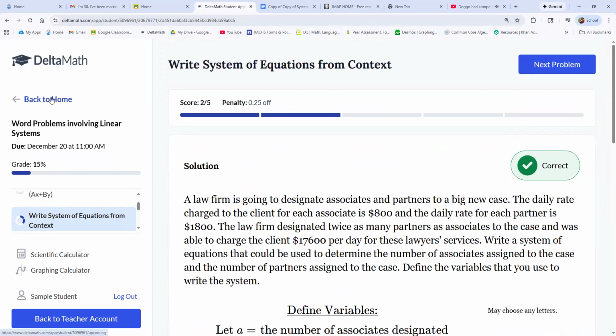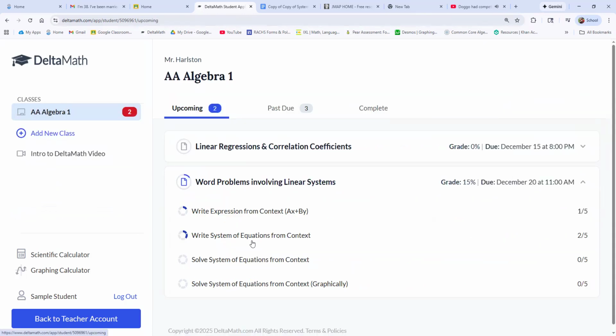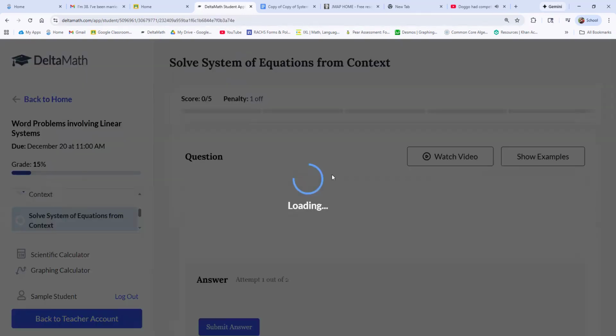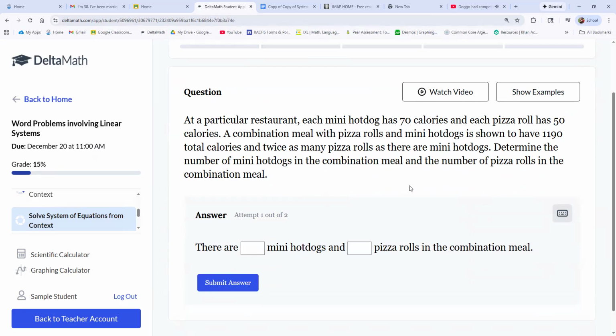Now I'm going to do one more, let's see, solve systems. All right, so this one we're going to actually solve. Same thing, we have a restaurant, they sell mini hot dogs with 70 calories and pizza rolls, they have 50 calories.